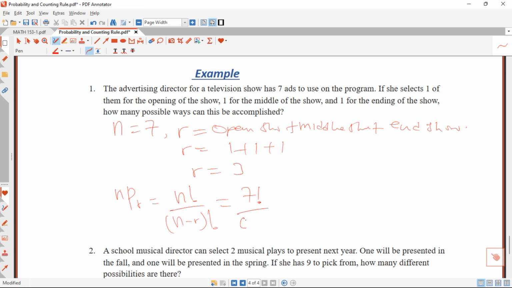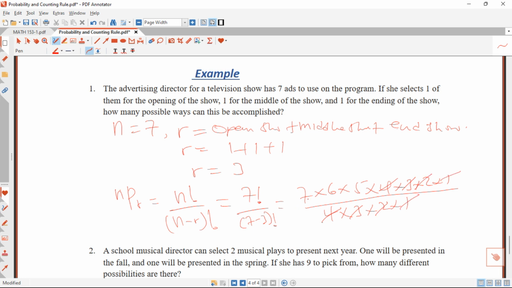So here we get 7 minus 3 factorial, of which we get 7 times 6 times 5 times 4 times 3 times 2 times 1 divided by 4 factorial, which is 4 by 3 by 2 by 1. You know that this 4 can cancel this 4, this 3 can cancel this 3, this 2 can cancel this 2, and this 1 can cancel this 1.